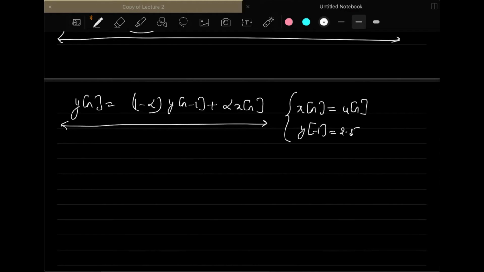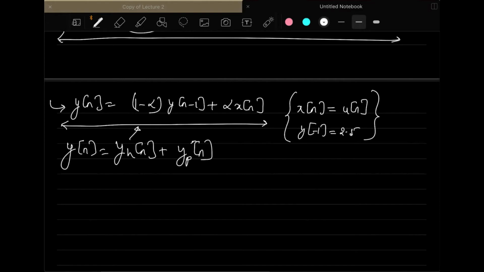I'll give you five minutes to solve it because it's not that difficult in terms of the computation. So right now it is 8:25, I'll give you 5 minutes, till 8:30. Just let me know what the answer is: a complete response, which is y_h[n], the homogeneous solution, and the particular solution for this difference equation.